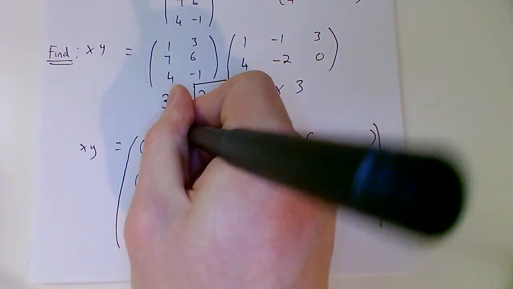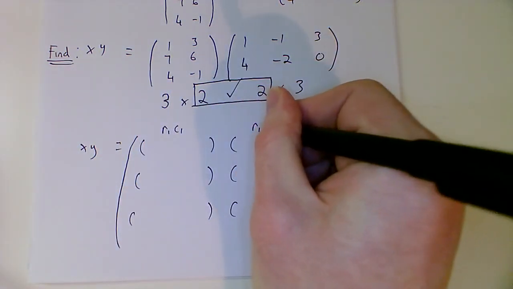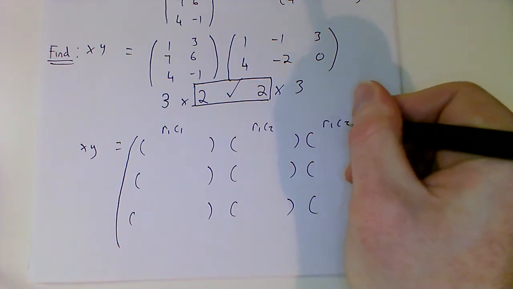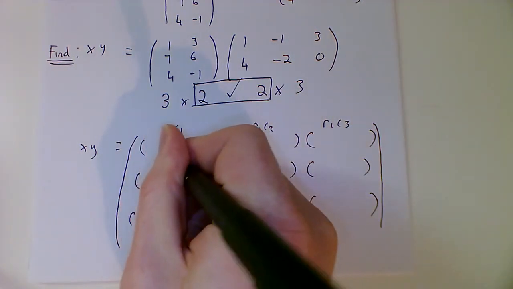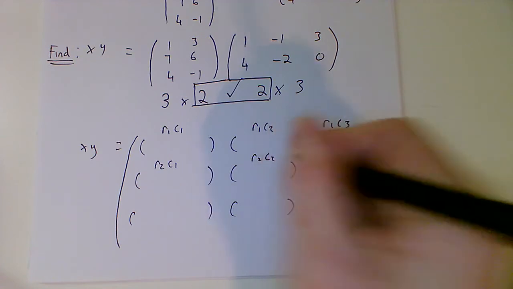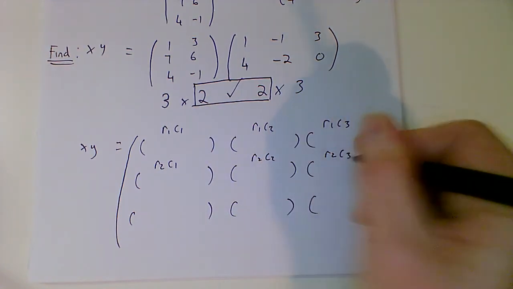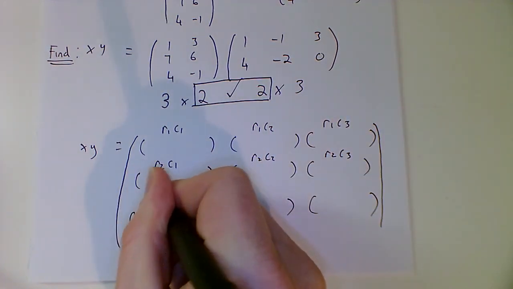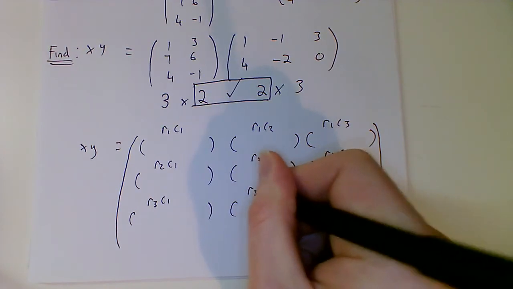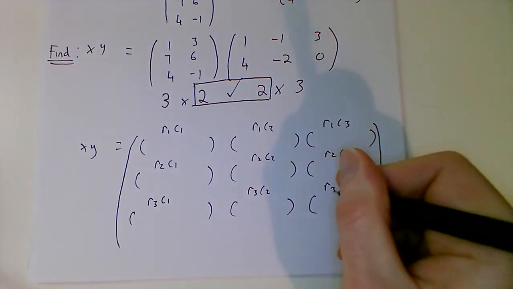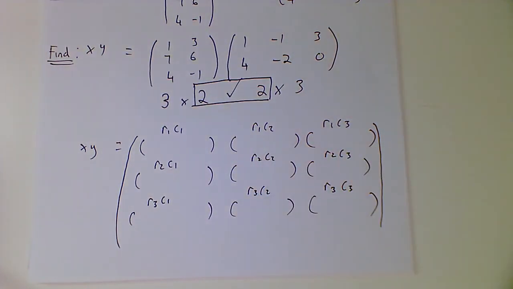So row 1, column 1, row 1, column 2, row 1, column 3, row 2, column 1, row 2, column 2, row 2, column 3, row 3, column 1, row 3, column 2, row 3, column 3. And as I'm getting towards the end of the video, I'm pretty much expecting to make a mistake here, because that's what always happens, but let's make sure that doesn't happen.